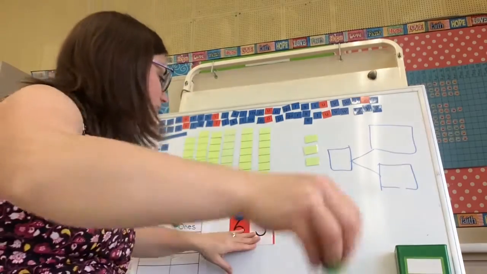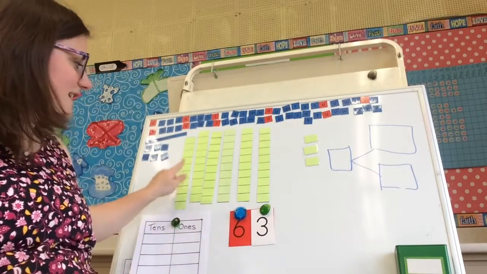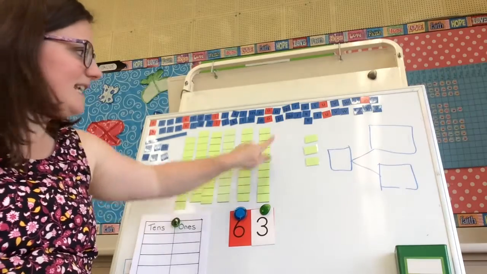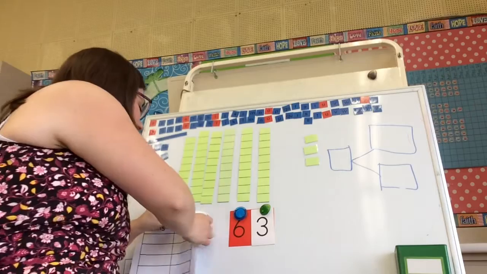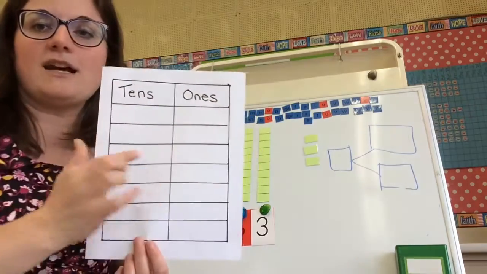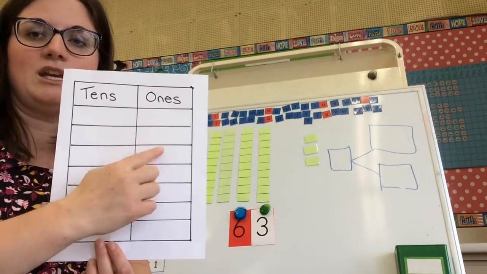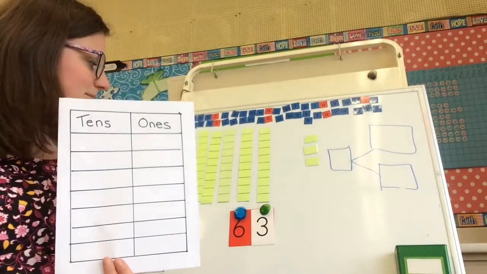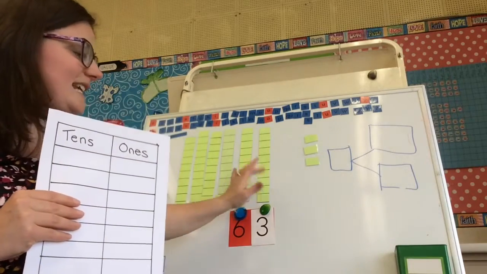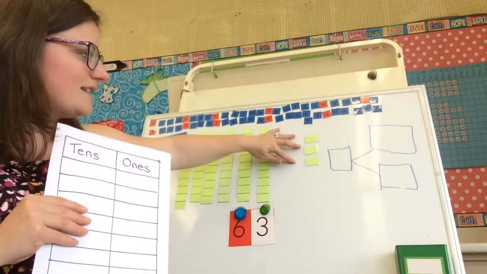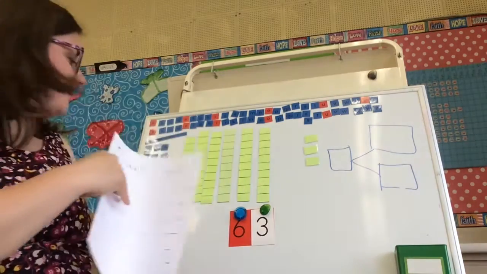I have 3 ones. So my number is 63. 10, 20, 30, 40, 50, 60, 61, 62, 63. I have 63. So on your table, I want you to write the next one. How many 10s are in the number 63? And how many ones? There are 6 10s. And how many ones? I've got 3 ones. Awesome.